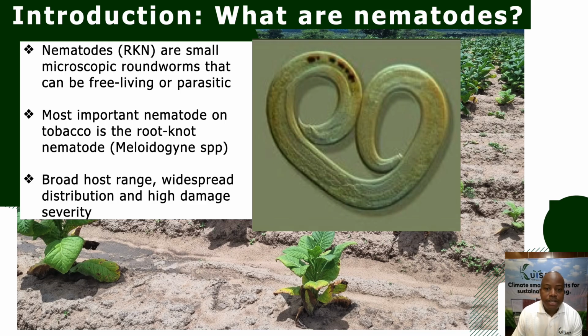So some of the diagnostic features are mainly on the roots, where you find that swellings occur on the roots, stopping the function of xylem and phloem vessels, getting the necessary nutrients to the plant because the nematodes are parasitizing the plant. Usually, above ground symptoms are characterized by scattered, patchy growth of your tobacco crop, as seen in the picture.